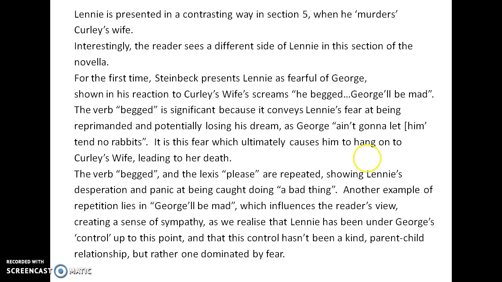The word lexis that I've used up here, where I've described the word 'please', just means word, okay? But it does just sound that little bit more intelligent than just saying word. So if you're not sure about the word class, you can say the lexis or the lexical choices, okay?